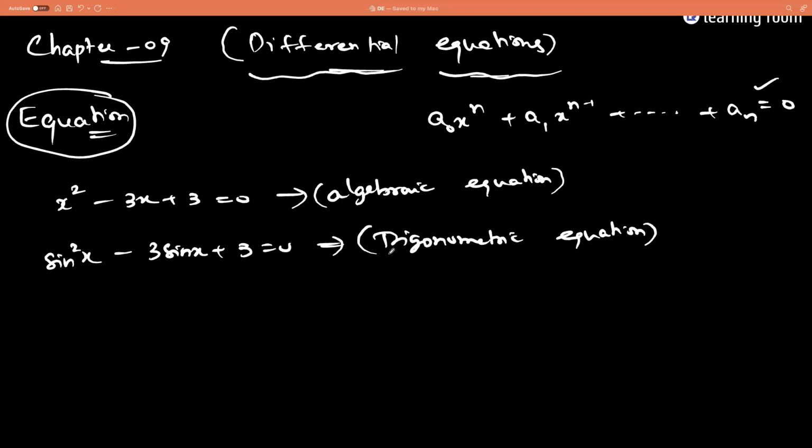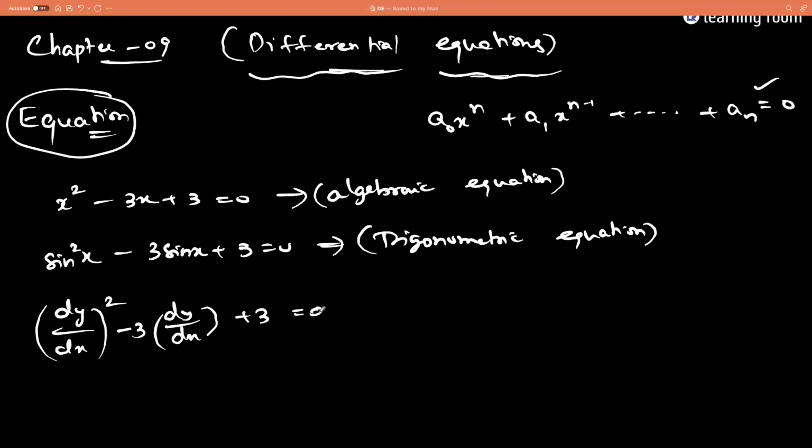Right. In a similar way, if I replace, then this will be called a differential equation.